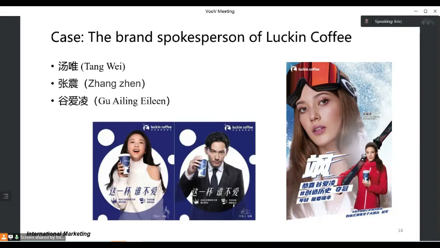In this case, the fans love this idol so much that they definitely like the product the idol endorsed, so they can also be called opinion leaders.